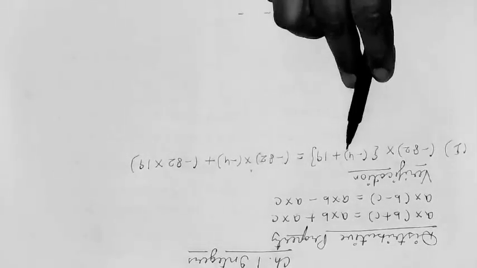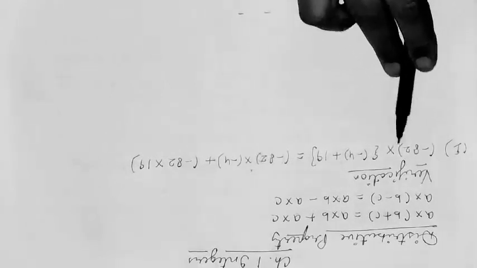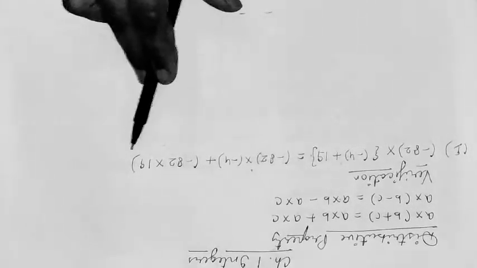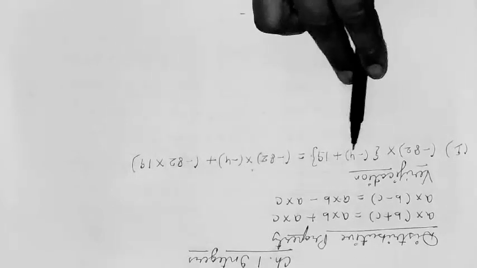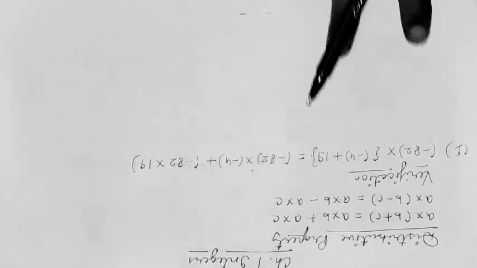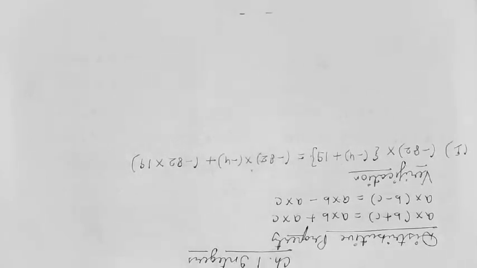So this left hand side is in this form, a into (b plus c), and in the right hand side we have a into b plus a into c. Let us see whether the two sides after solving will give us the same result or not. This is the verification of distributive property.